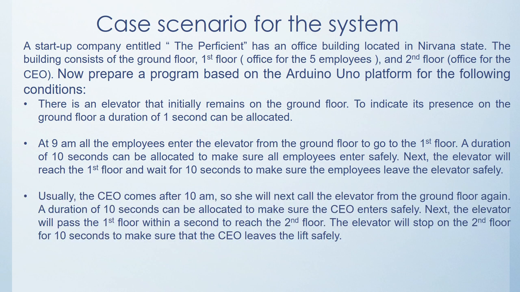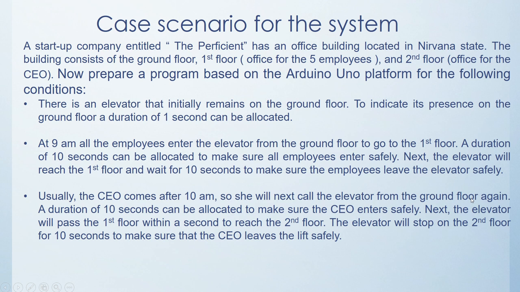Then what will happen? Usually the boss-level people, for example the chairman or CEO of a company, come after the employees enter. So here also, let's say the CEO enters the office at 10 a.m. She will call the elevator from the ground floor because her office is on the second floor.